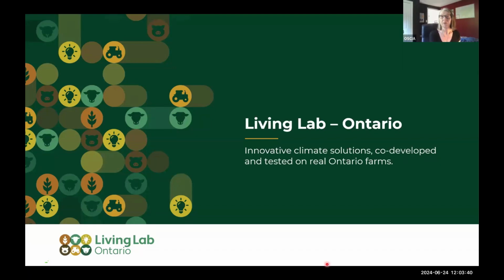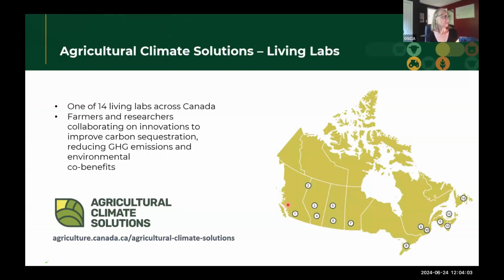We are really pleased. This is our first public webinar, and it is great to be able to have so many people joining us. Living Lab Ontario is a project on innovative climate solutions, looking at co-developed practices that are tested on real Ontario farms. Living Lab Ontario is one of 14 living labs across Canada.